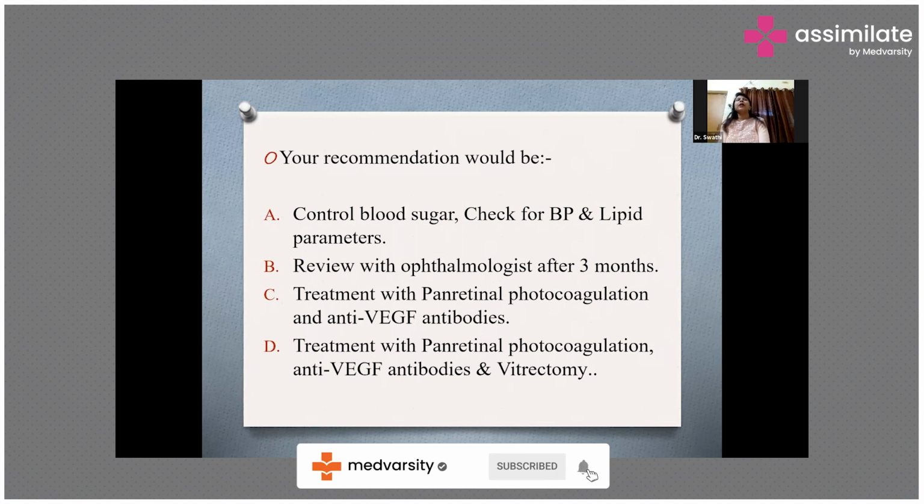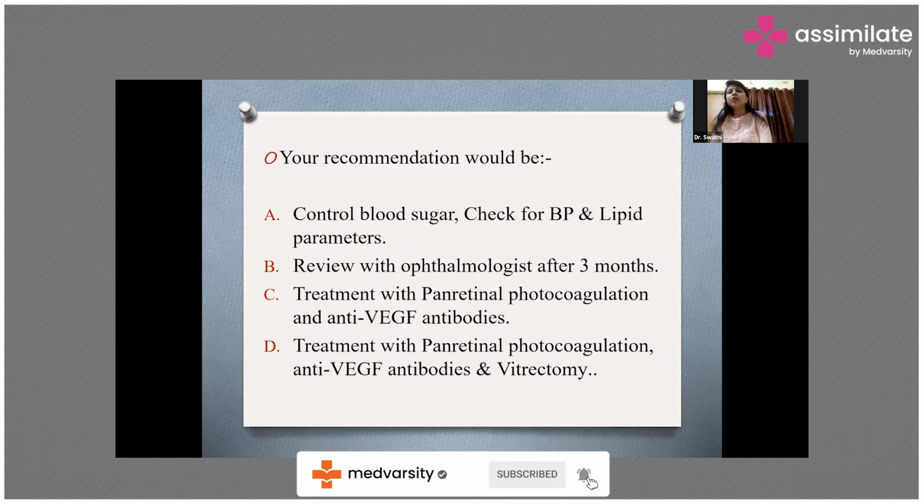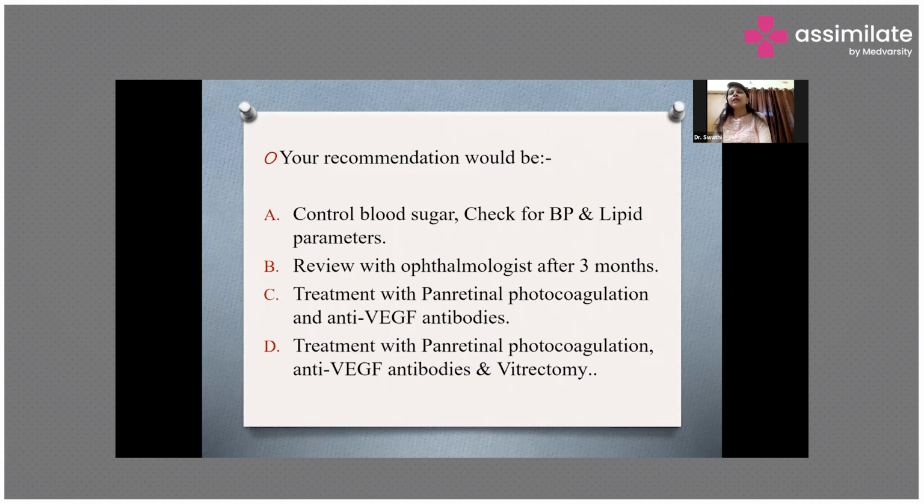You would like to modify the management of the patient, because your first target is glycemic control when it comes to moderate NPDR. Next, you can also check if the patient is having any accompanying comorbidities, which I have already mentioned. First and most common is diabetic nephropathy, which is one of the main risk factors for the patient to develop diabetic retinopathy in future. So you have to call the patient for regular follow-up and strict glycemic control.